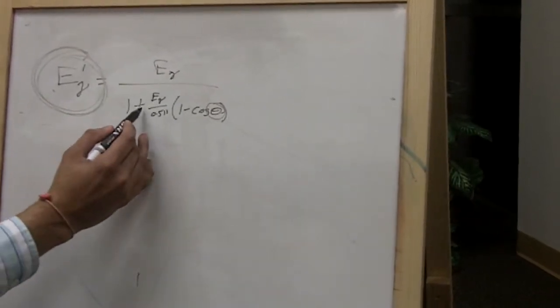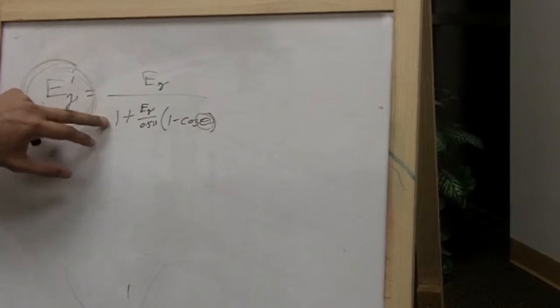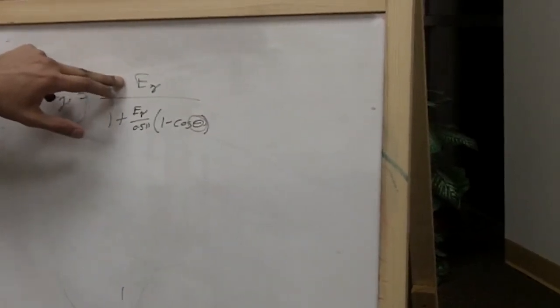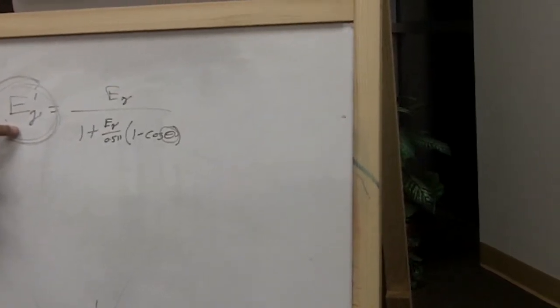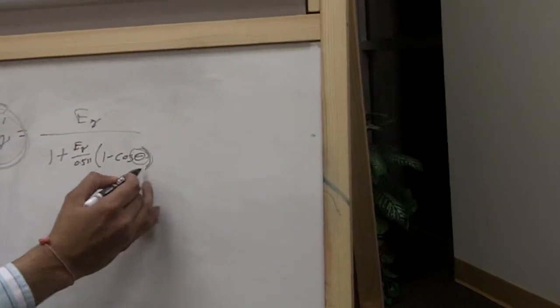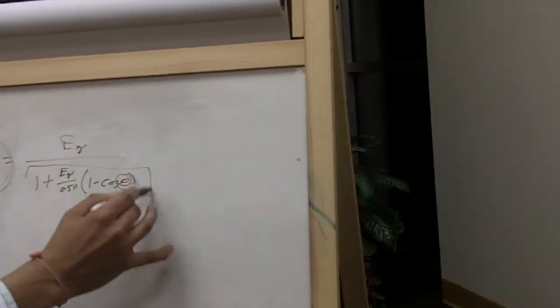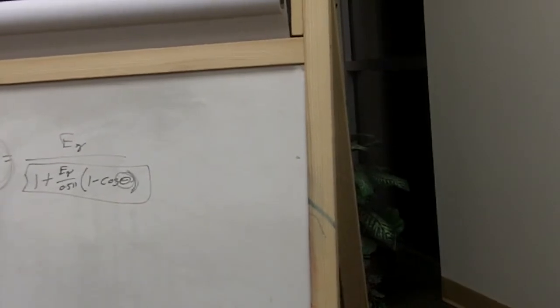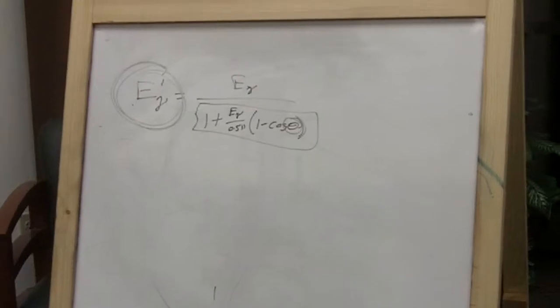Naturally, I would say we want the denominator to be very large, because if you have a really large number in your denominator, this is going to be small. Now you have to ask the question: what angle will maximize the value of that?